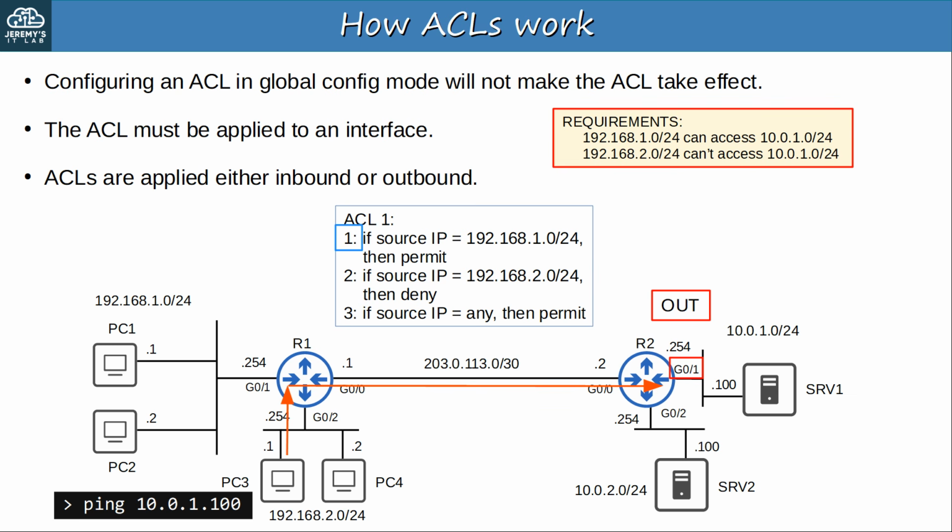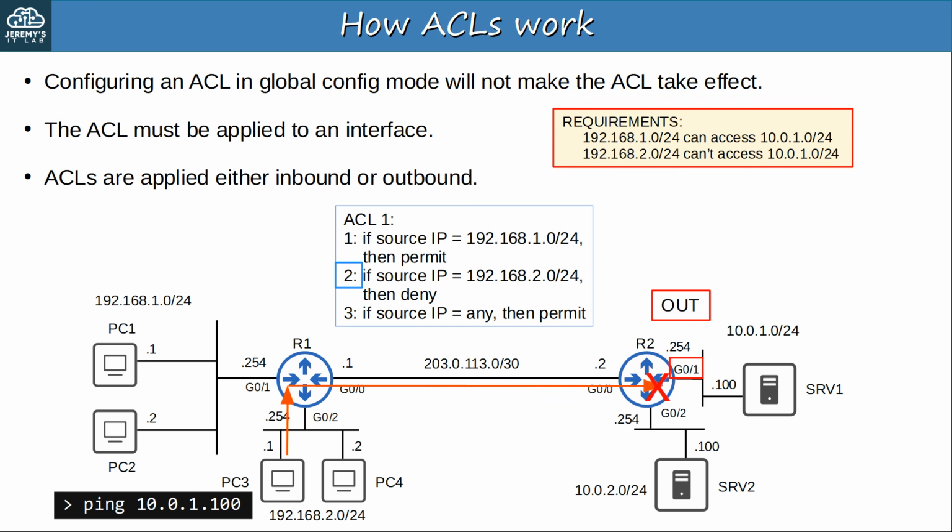The first entry says if source IP equals 192.168.1.0/24, then permit. But the source isn't in that subnet. So R2 checks the next entry. If source IP is in 192.168.2.0/24, then deny. The source is in that subnet, so the packet will be denied and R2 will not forward it. So that satisfies the second requirement.